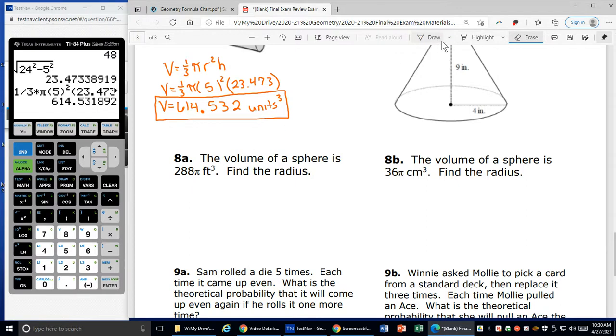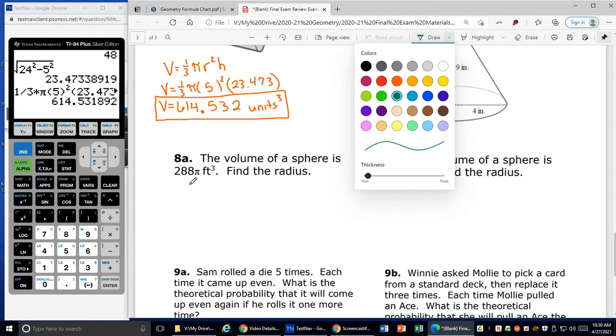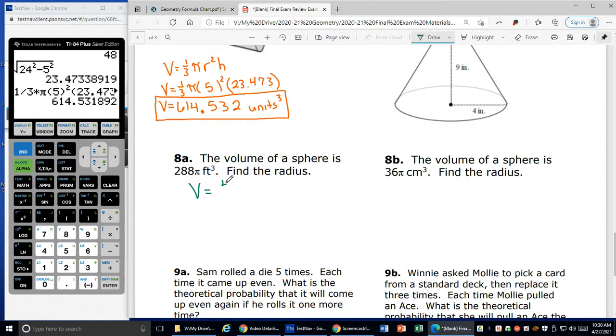I just used that one. Volume equals 4/3 pi r cubed. Okay, my volume is 288 pi equals 4/3 pi r cubed.